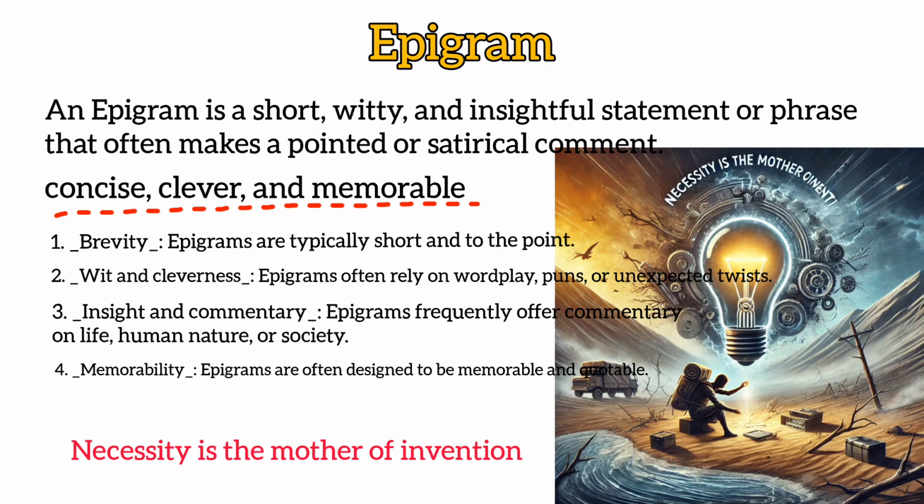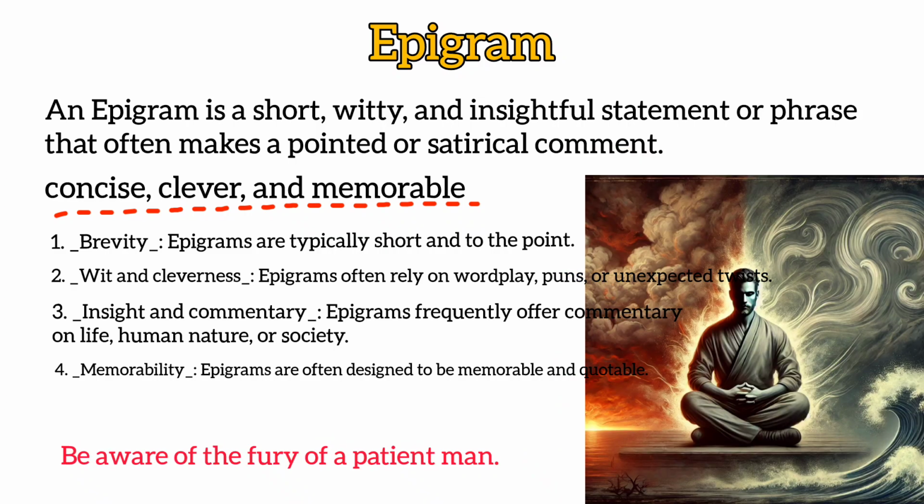We hear sometimes this concept that the people who are calm and polite, be careful when they are angry. We can use an epigram and say, be aware of the fury of a patient man.